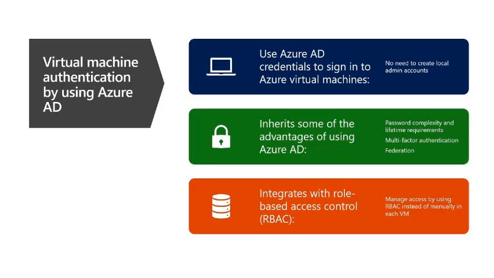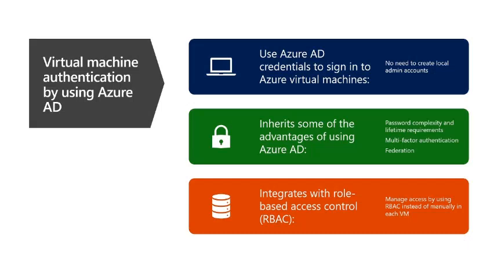Virtual machine authentication by using Azure AD. To improve the security of Linux virtual machines in Azure, you can integrate with Azure AD authentication. When you use Azure AD authentication for Linux VMs, you centrally control and enforce policies that allow or deny access to the VMs.